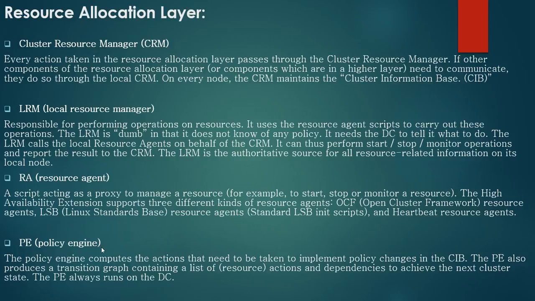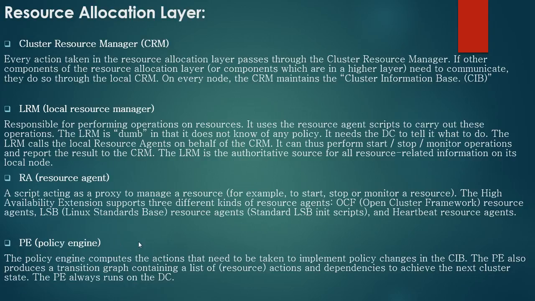And the policy engine, right? So what is the role of the policy engine? The policy engine computes the actions that need to be taken to implement policy changes in the CIB. The PE also produces a transition graph containing a list of resources, actions and dependencies to achieve the next cluster state.